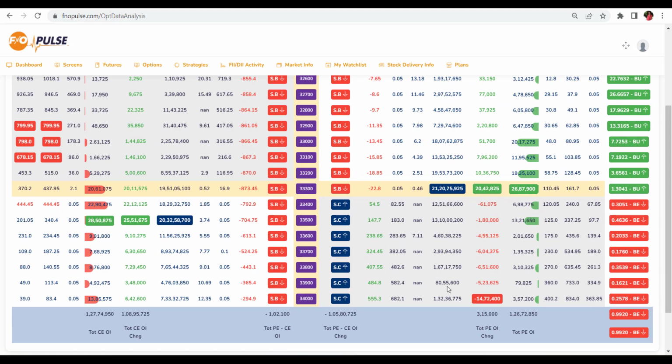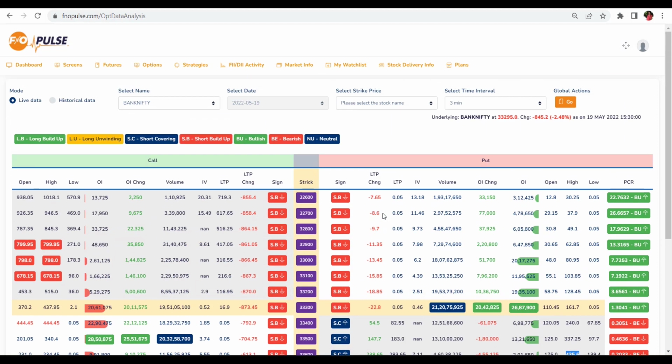For example, if you take this 33,600 and it opened at 175, it went to a day high of 475. If you find around 250 rupees trading value, you may get a good profit. But in Bank Nifty, we always suggest you take 40 to 50 points minimum profit and exit the trade if you are a beginner.